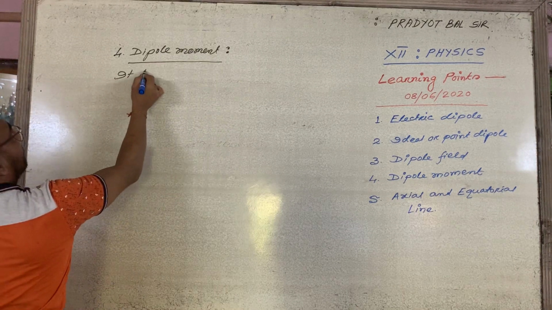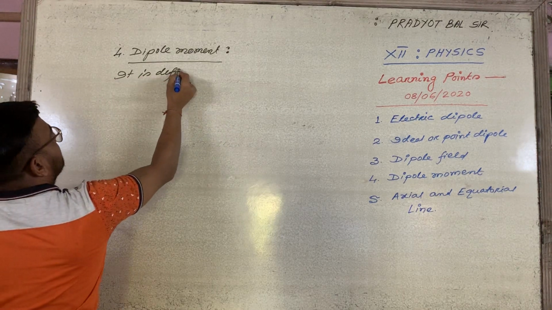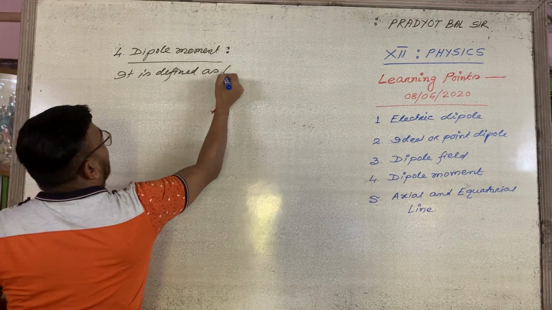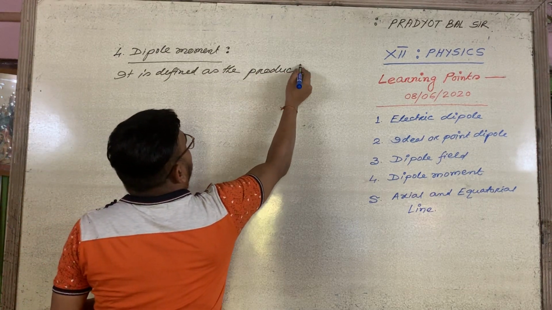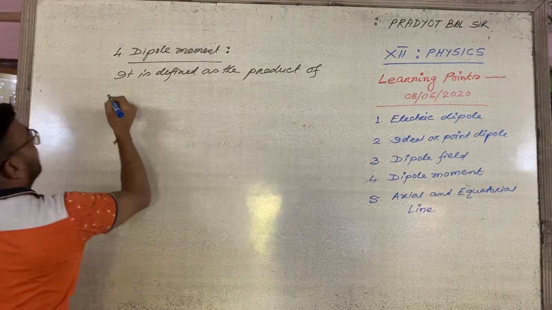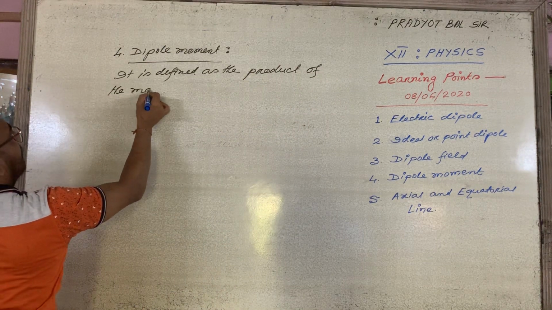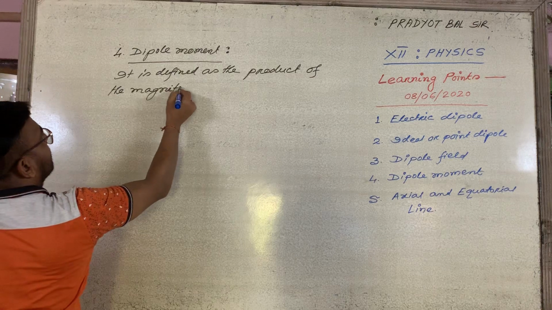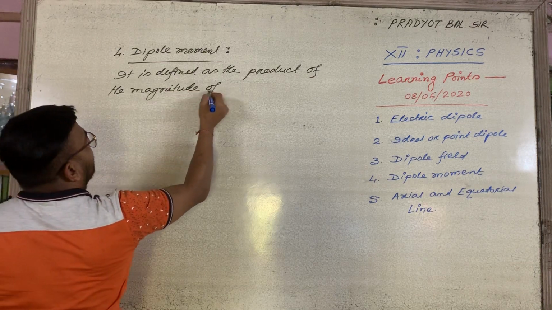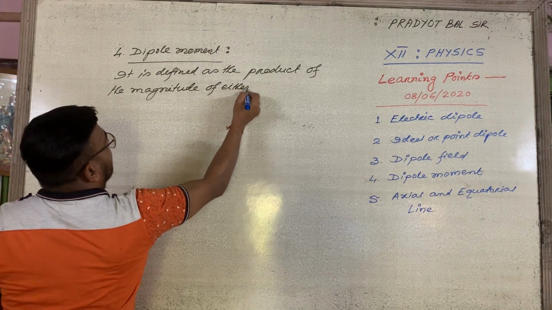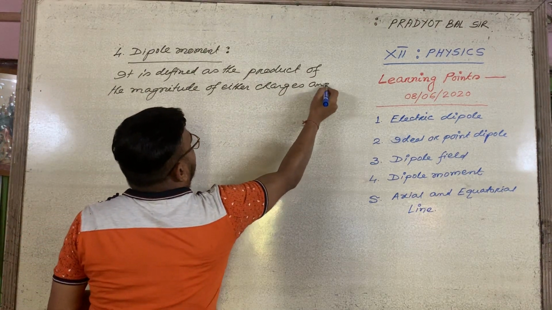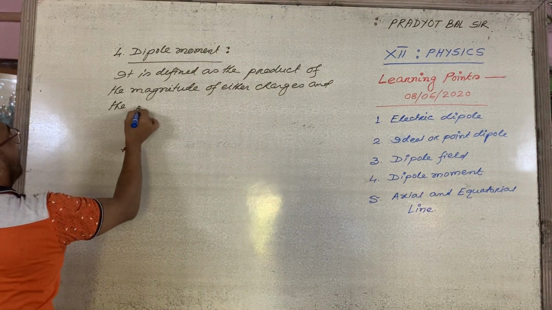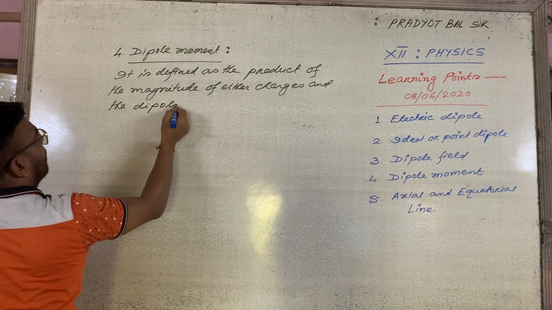It is defined as the product of the magnitude of either charges and the dipole length.